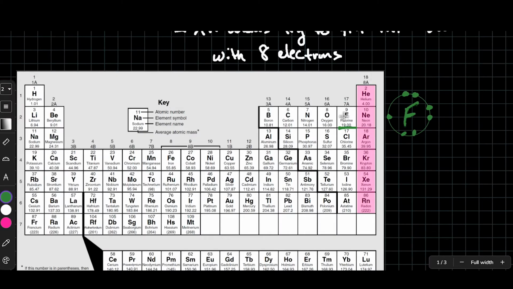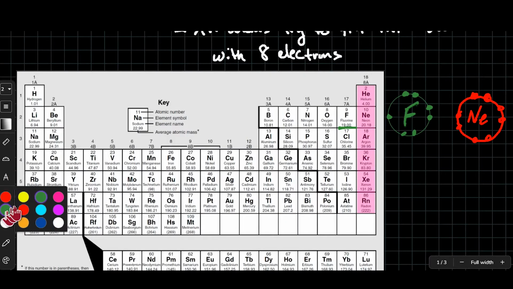But neon is going to have all 8. How many electrons does fluorine need to look like neon? It needs 1 more electron, right?